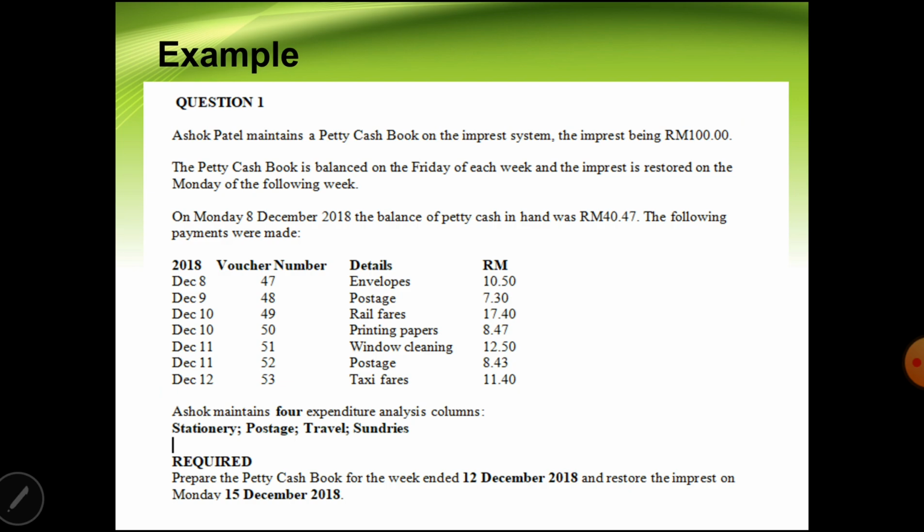Okay, look at this question, example 1. We try to figure out what is the question about. Okay, look at this. The imprest is at 100. 意思说这个是它的 limit，它的 petty cash 的 limit 其实是100块。Okay, 然后它关账是在每一周的拜五。This is on weekly basis. This question is on weekly. It's not on monthly.